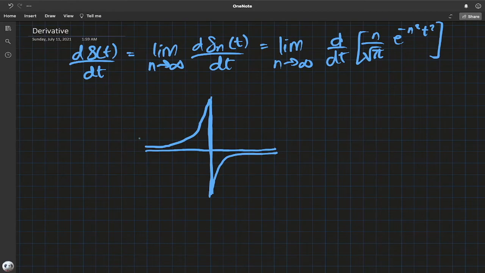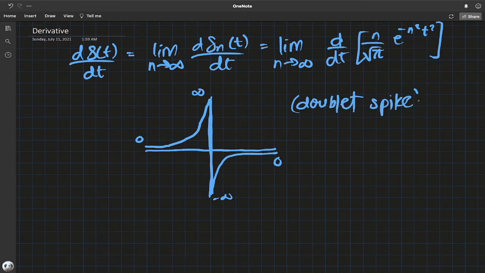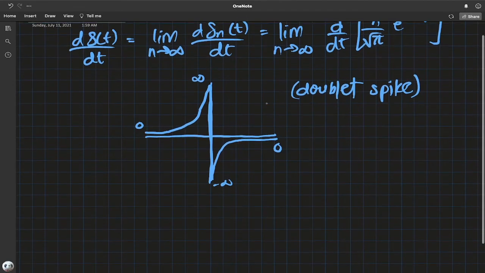So 0 here in magnitude, infinity here, negative infinity here, 0 here, like a weird tangent curve. This is what we call the doublet spike. And of course, as n tends to infinity, in the limit, this becomes more and more spiky.